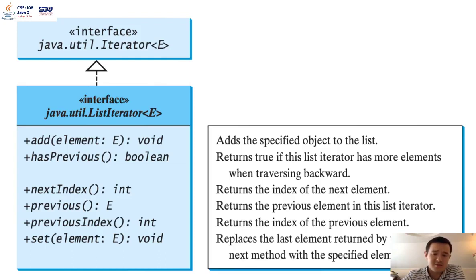Previous index gives you the previous index, and set replaces the last element returned by the previous or next method with the specified element. So here we don't have the next method. Actually, it's in the iterator interface, which is the super interface of list iterator. Also, we don't have remove, which is also in the iterator interface, and has next is also in the iterator interface. So this list iterator has some additional methods.